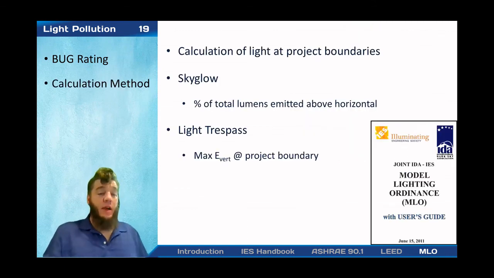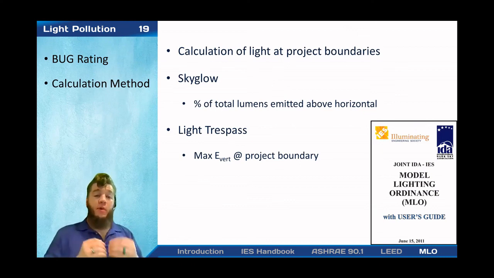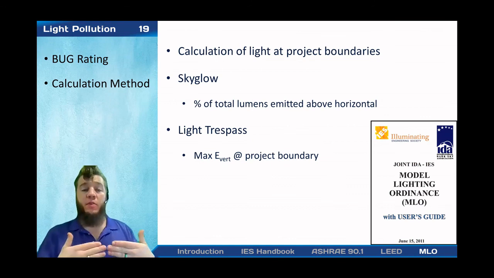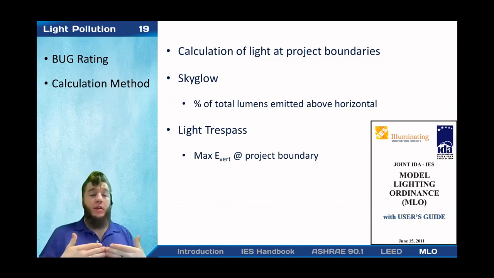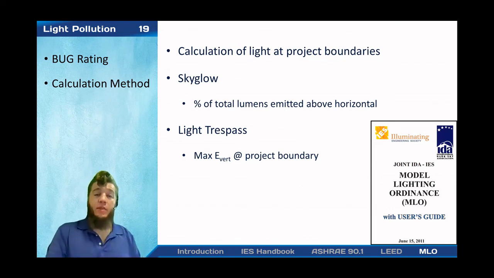And then finally, we have the calculation method. Instead of focusing on the luminaires, this requires calculation of light at the project boundary. So you're going to need a full model of your project, for example, in AGi32. The way we calculate this is in two components, as specified in LEED as well as the model lighting ordinance.